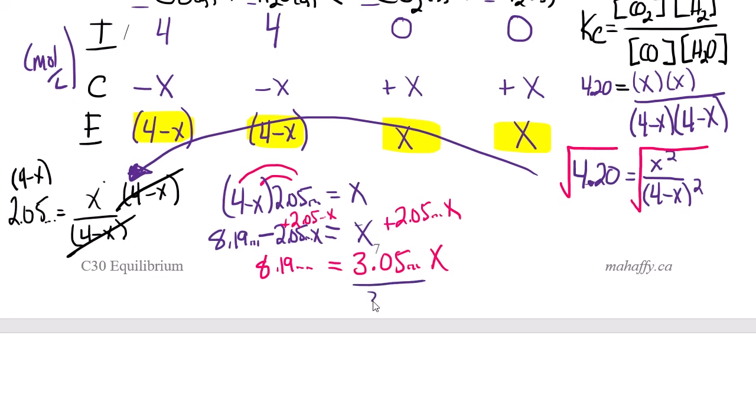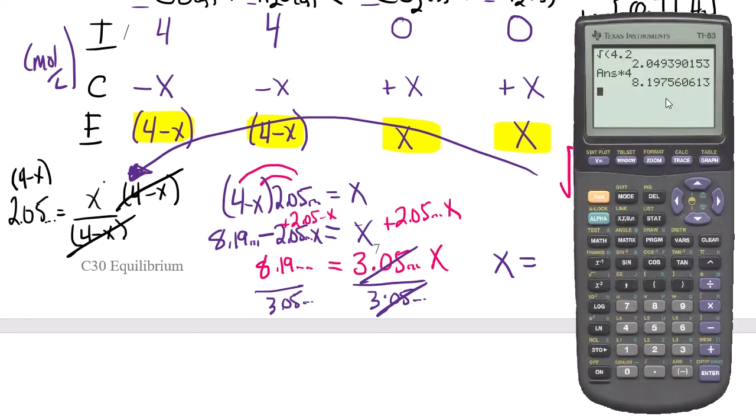Finally, we can divide by 3.05. Those will cancel, and x will equal my 8.19 divided by 3.05, which gives me 2.688 as my value of x.